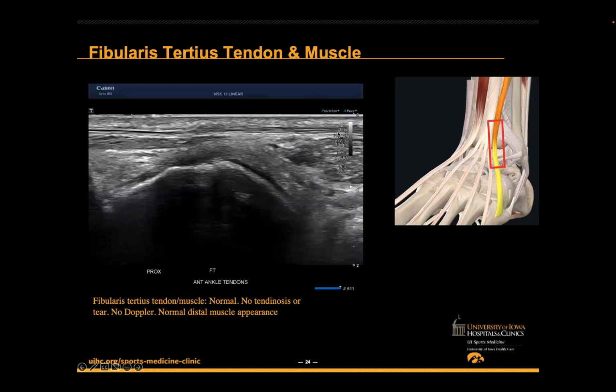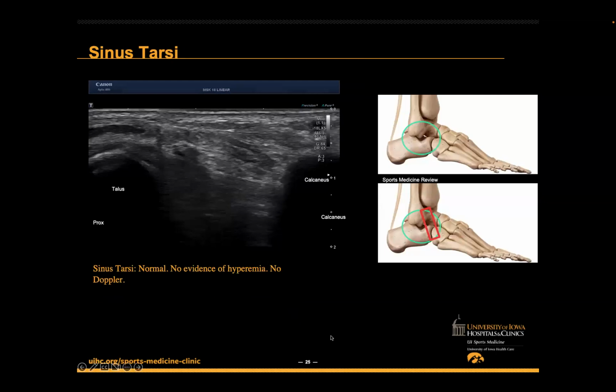Again, normal tendon structure, no tearing, no thickening, no Doppler. Overall, looks pretty good. And so next we'll cover a few of the other structures in the anterior leg and ankle protocol. These don't have a super smooth transition from a scanning standpoint, but we'll kind of go through them.